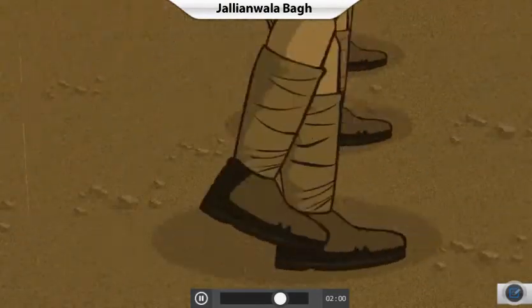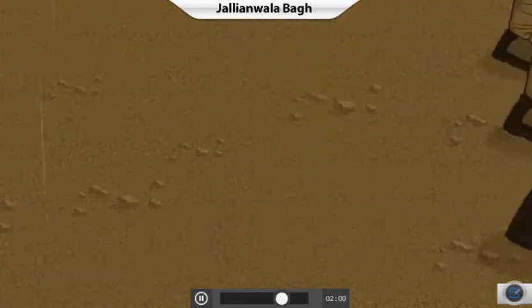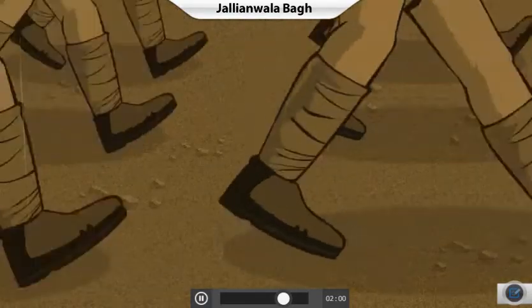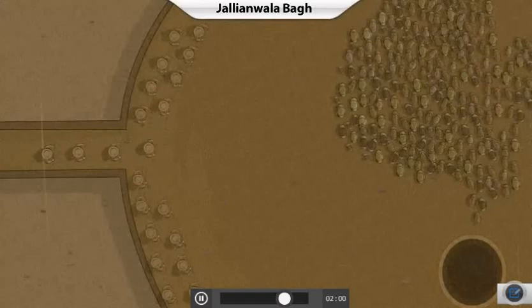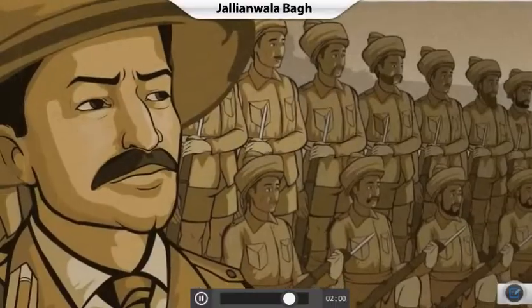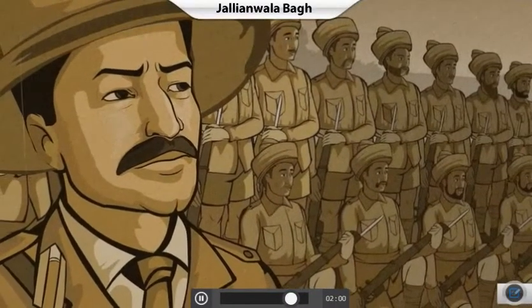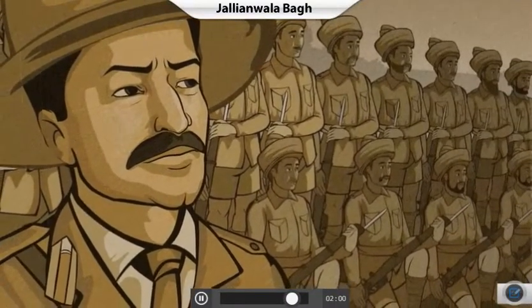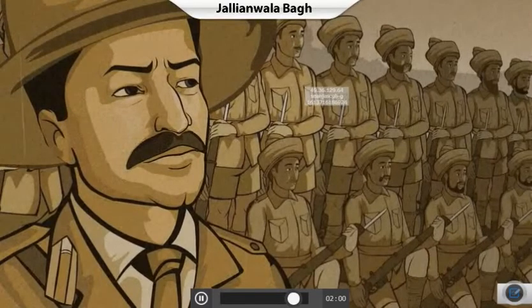General Dyer, furious that his orders were disobeyed, marched towards the Bagh. He and his soldiers blocked the only exit point of the Bagh. General Dyer then ordered his soldiers to open fire at the unarmed people. Fire!